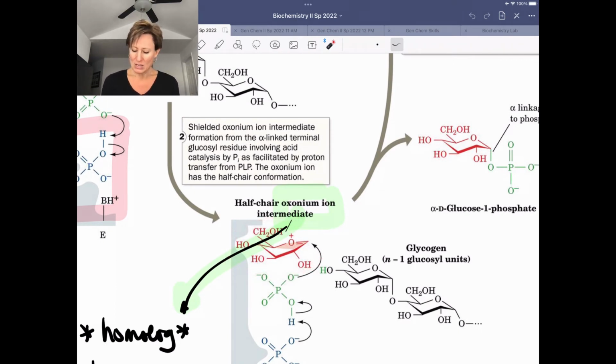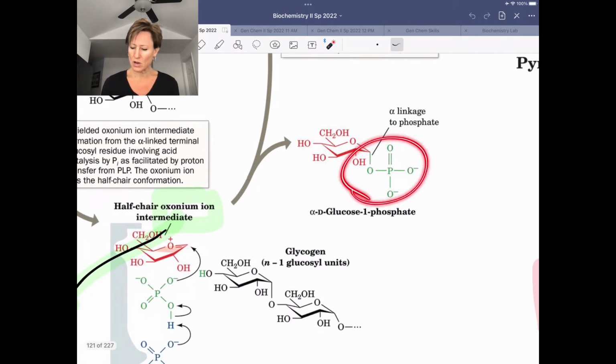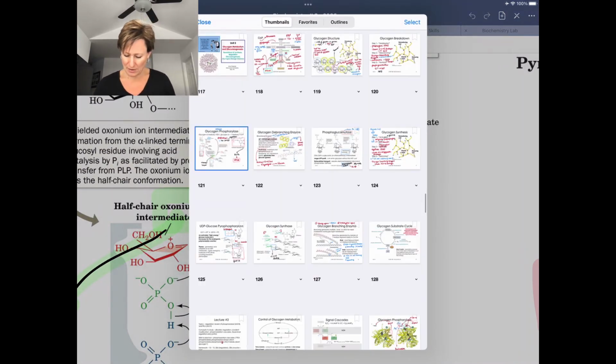Now in our mechanism, I'm going to show you how this is different. What happens now is we're going to have phosphate as our nucleophile. It nucleophilically attacks, but that's why we don't get free glucose. We get glucose with a phosphate on the 1 position here. So here we have glucose 1-phosphate. Okay, so let's go back to our mechanism here.